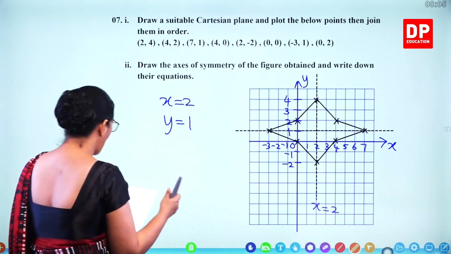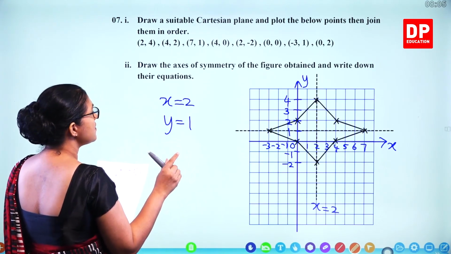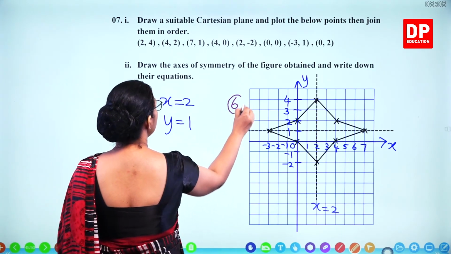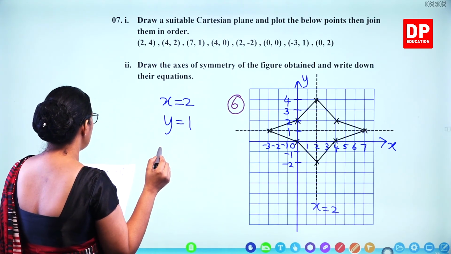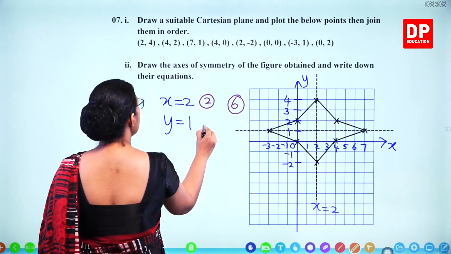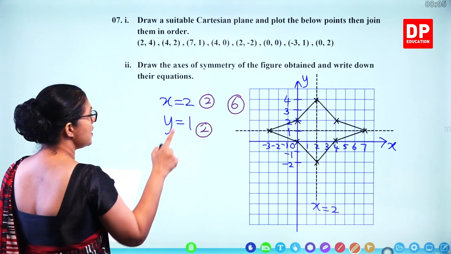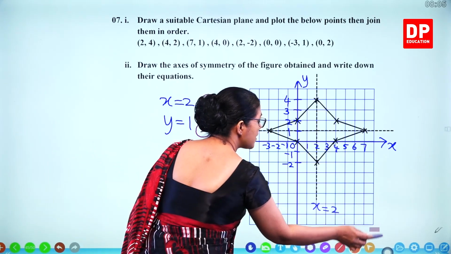So let's see how many marks. For marking the diagram, everything, 6 marks. And 2 marks for each axis of symmetry, 2 marks each, and also you have to draw it. And let's take the last part.